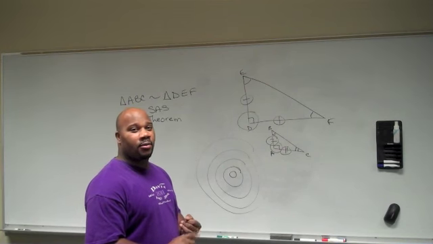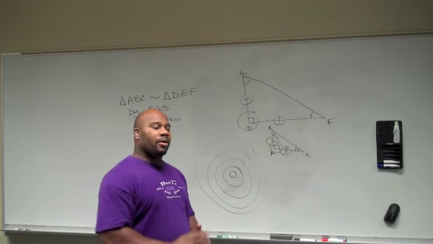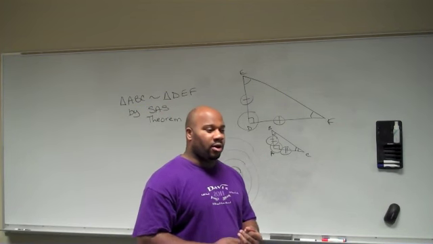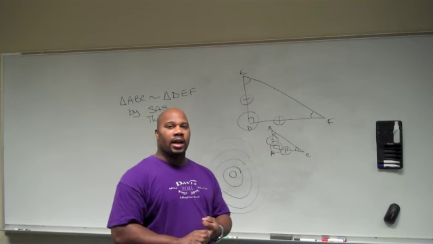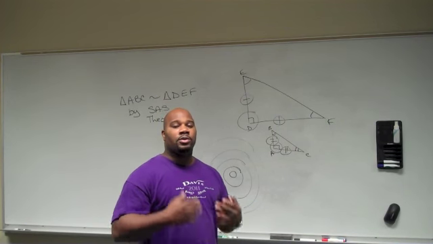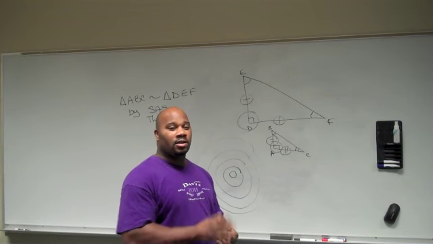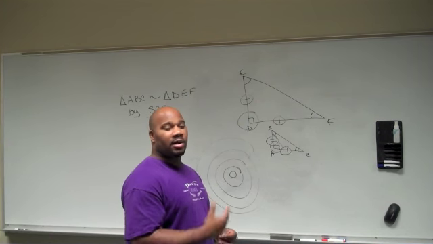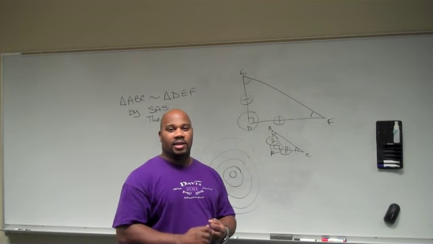We had 3 different ways to prove that they were similar. So I'll ask you this before we do any work. Our ways to prove them were angle-angle, side-side-side, and side-angle-side. In class tomorrow, you'll tell me what I just told you, that the ways to prove triangles similar that we talked about on the video were angle-angle, side-side-side, and side-angle-side.